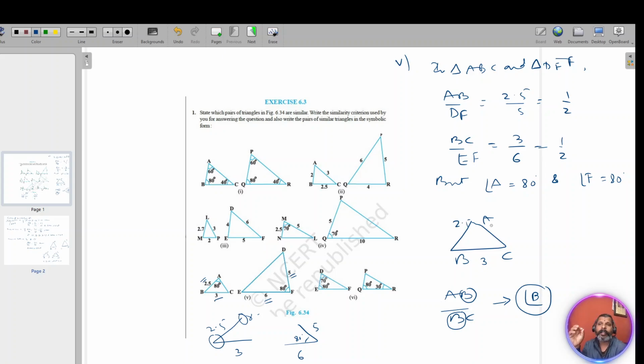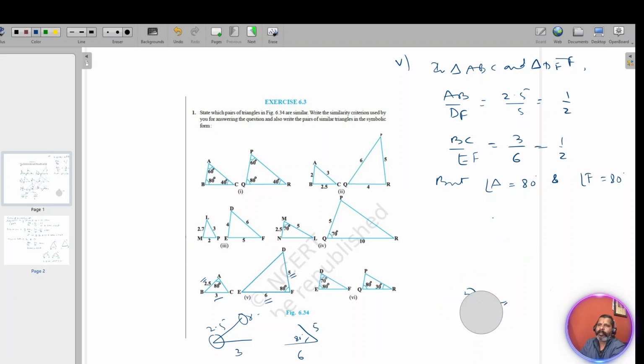So here they should have given B as 80, but they have given A as 80. So A is not the included angle. However, F you can check. BC, what is that? For AB and BC the included angle is B. Similarly, for DF and EF the included angle is F. Okay.